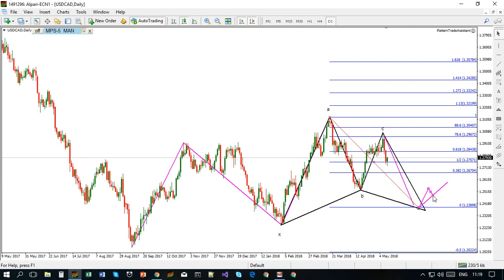Okay, basically you have it this way. In majority of cases you have it this way, and after that you accelerate to the upside. After you have the acceleration, you draw your accelerated trend line. So you take your target at 382 and you take your second target when the accelerated trend line is broken.